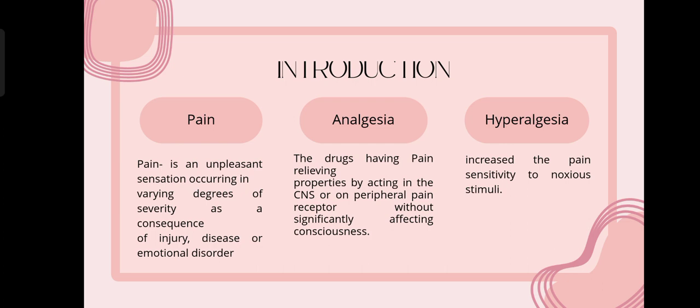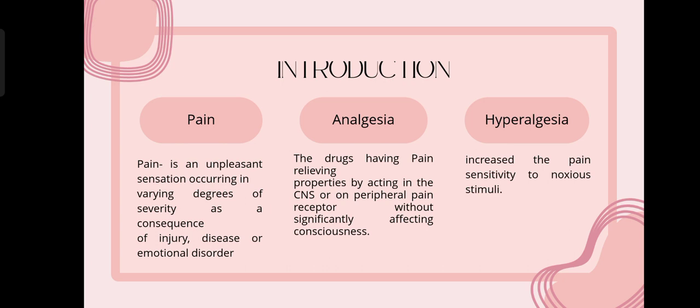So what is pain? Pain is something which is undesirable and it happens to a person when he or she has undergone severe injury or might be suffering from any kind of disease. Okay, or the person who is depressed, so there is emotional pain happening to that person.